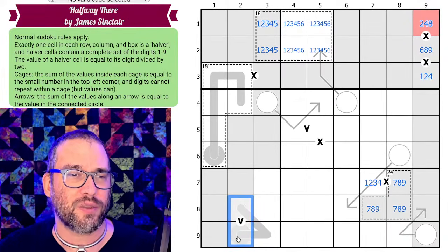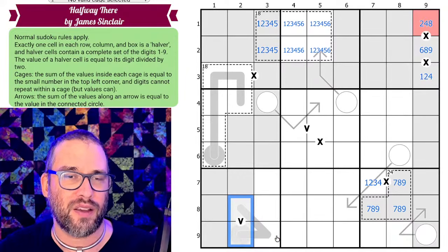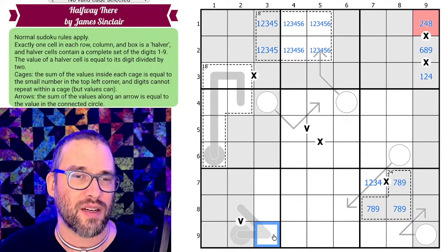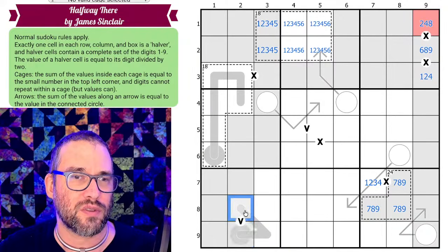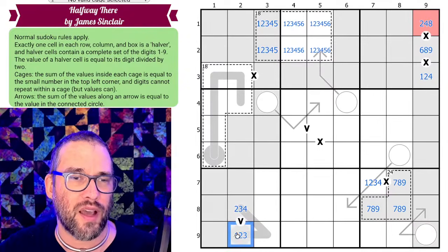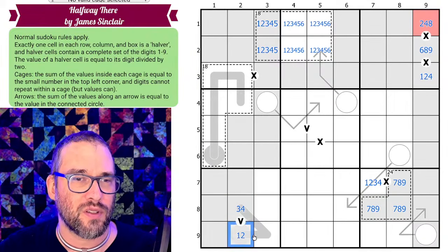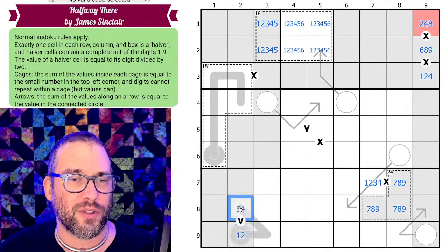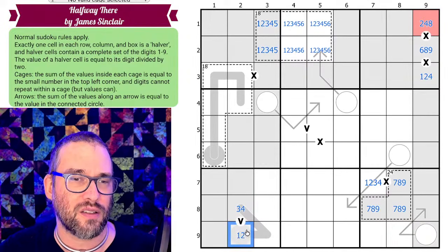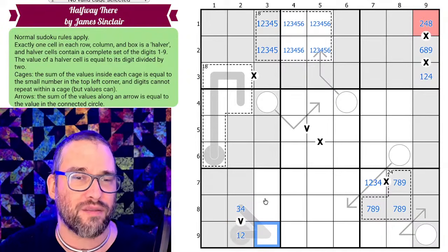Unfortunately, they still could be 2 and 3 here with a halved 5 here. But these are from 1, 2, 3, 4. That one's not 4. That one's not 1. I guess if it's 2, 3, we also know the order. This is 1, 4, 2, 3. And if it's 2, 3, we need a halved 5.